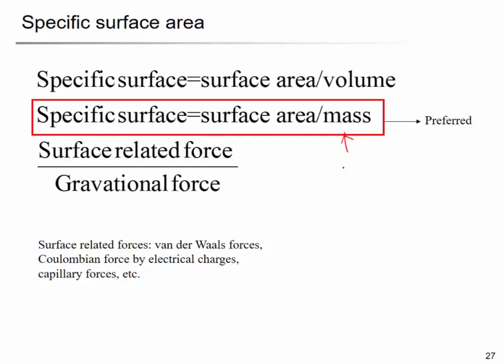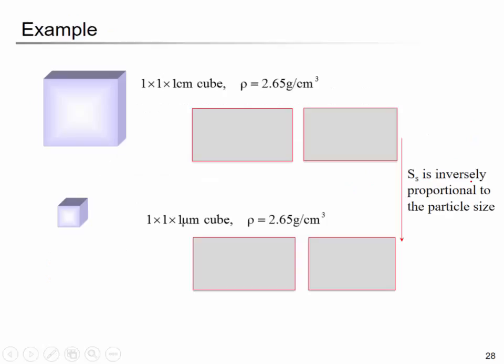So then what will be the unit? The unit will be meter square per kilogram or meter square per gram, right? So as one example, why don't you calculate this specific surface area for 2 cubes? The first one is 1 centimeter at each side, and the other one is 1 micrometer at each side.